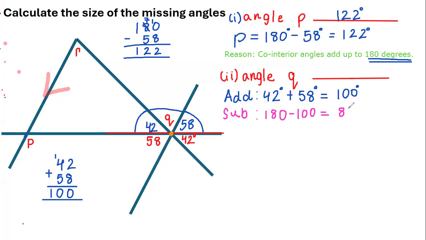Very good. So Q is equal to 80 degrees, and that's our answer here.